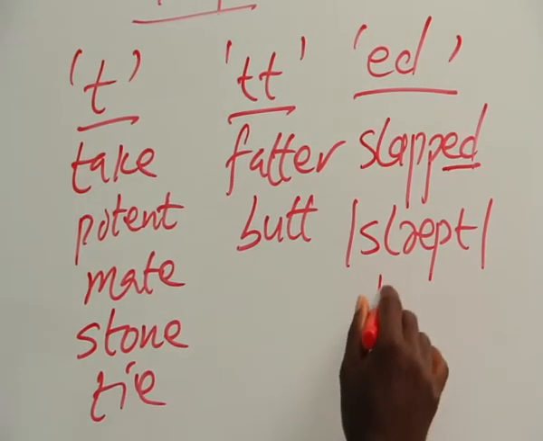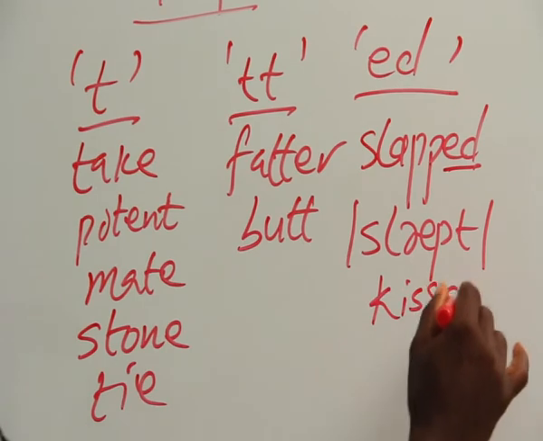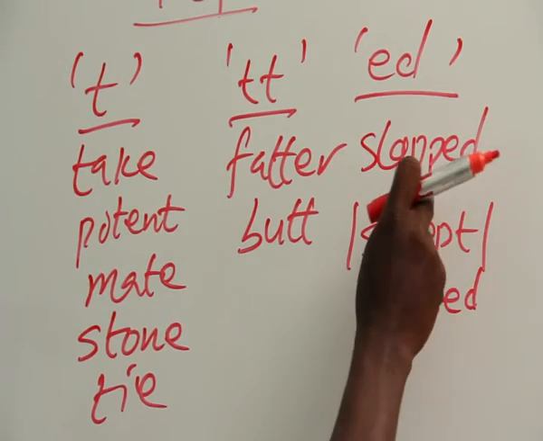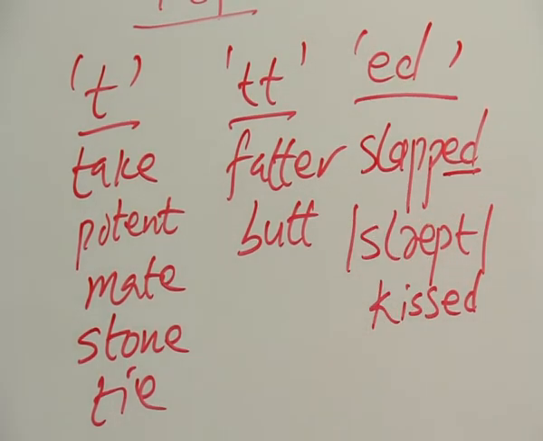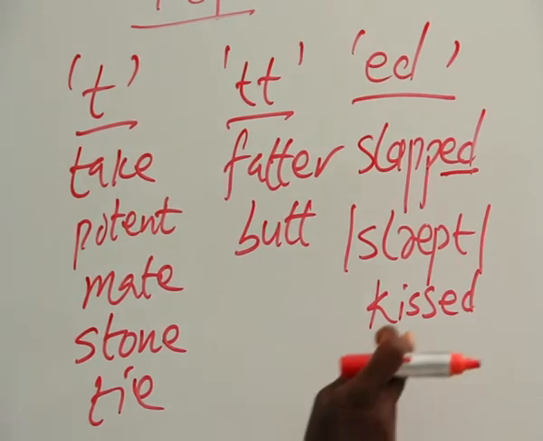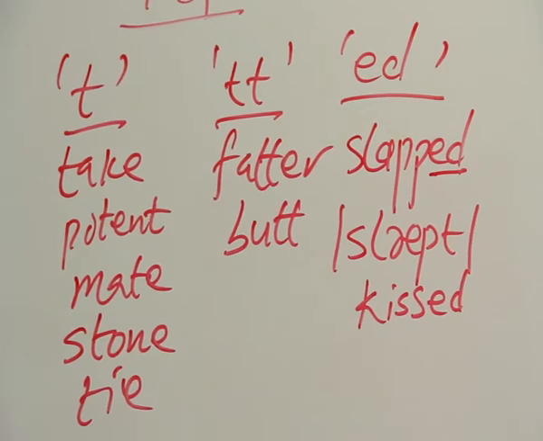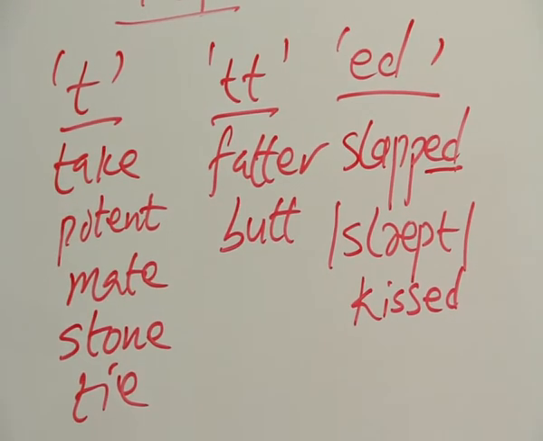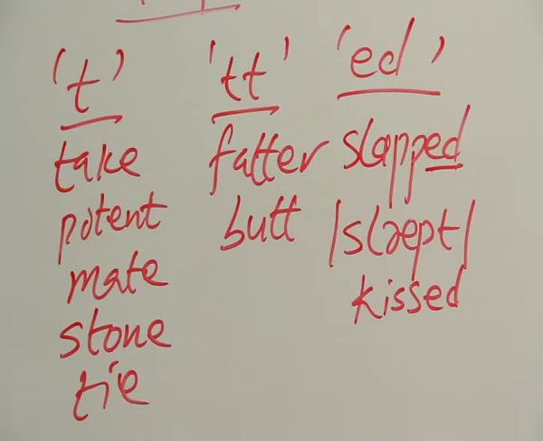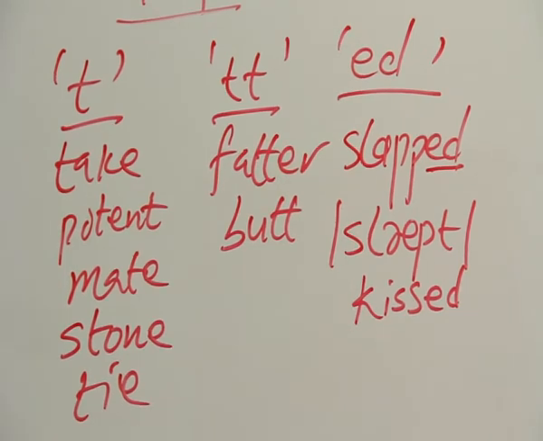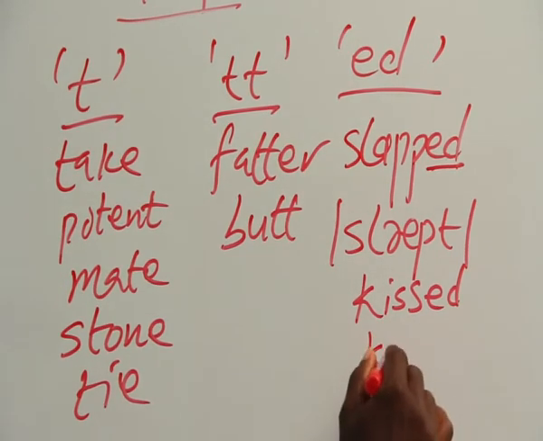We can have kissed. What I'm saying now is that in slapped, the P is a voiceless consonant. In kissed, it's a voiceless consonant. So as soon as the ED comes after it, it will turn to t. That is the point. There are other examples that we have, for example, we have kicked.